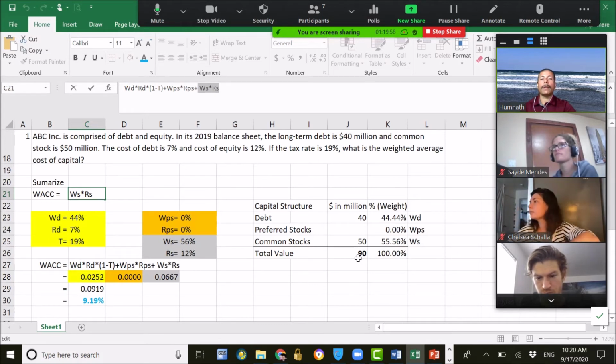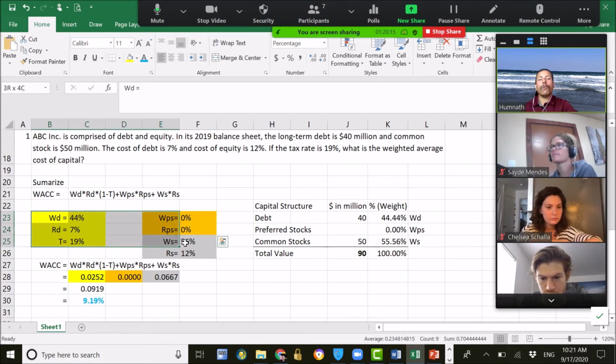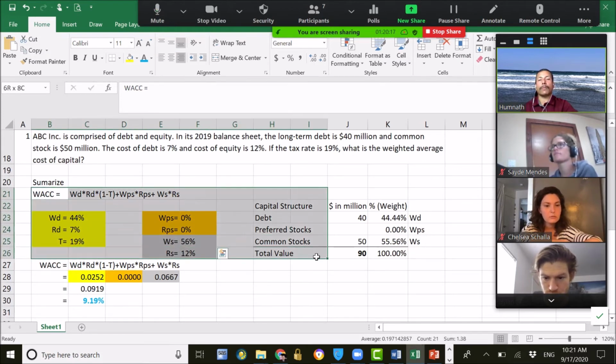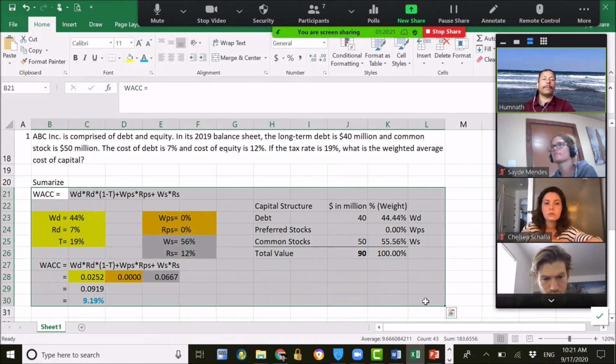So here you could have the whole thing. If a company has all these three components versus if the company doesn't have it, you just put that equals to 0. Over and over you can use the same structure. You can copy and paste this one.